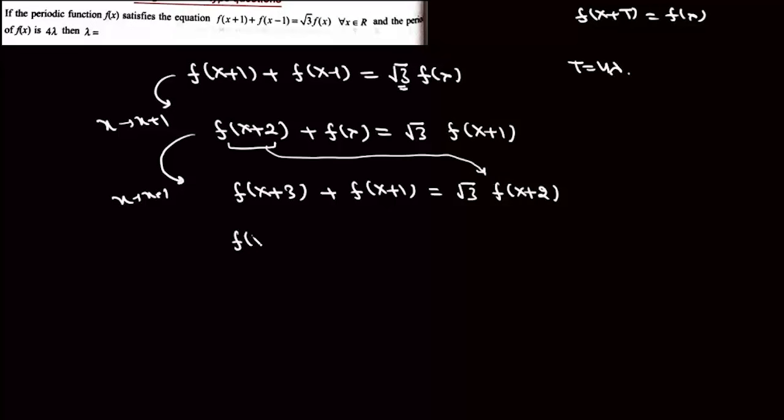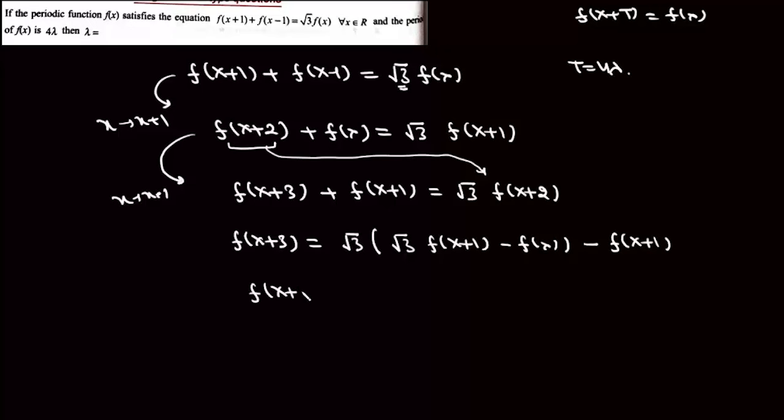So we can write f(x+3) will be equal to √3 times this √3 f(x+1) minus f(x), minus f(x+1). So it will be 3f(x+1) minus f(x+1), which is 2f(x+1) minus √3 f(x).